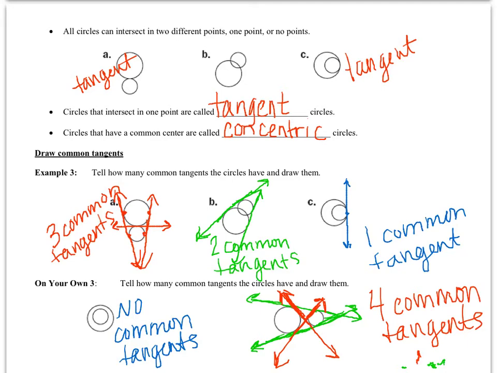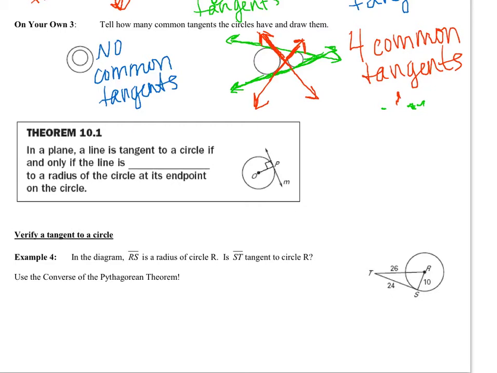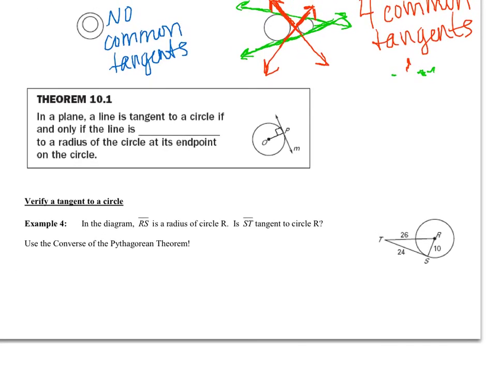So let's look at Theorem 10.1 here. Theorem 10.1 says in a plane, a line is tangent to a circle if and only if the line is perpendicular to a radius of the circle at its endpoint on the circle.